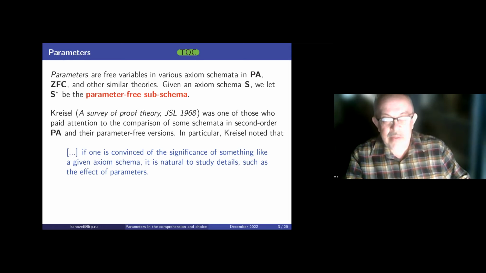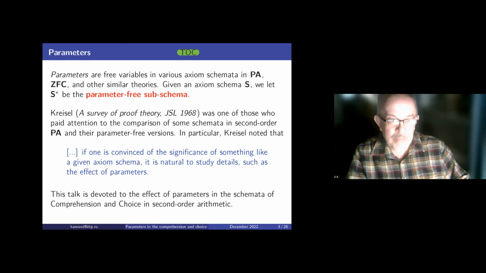He says that it's natural to study details such as the effect of parameters. So the talk is about the effect of parameters in the schemata of comprehension and choice in second-order arithmetic.